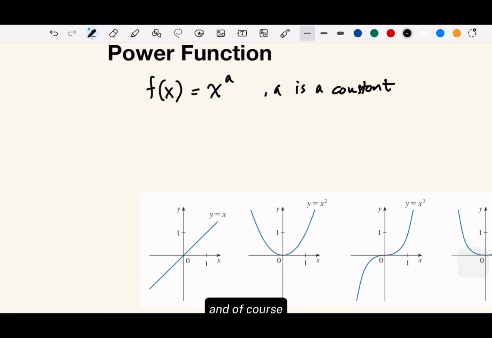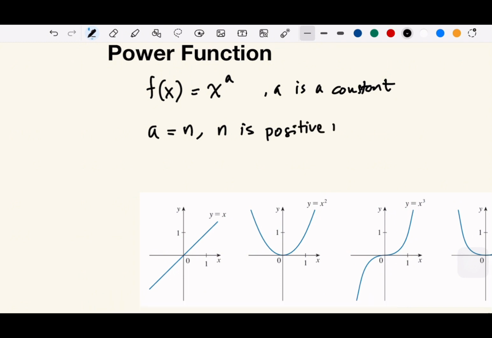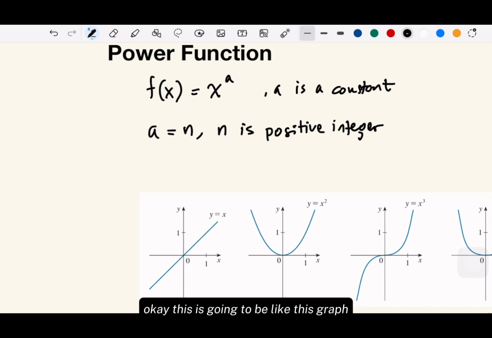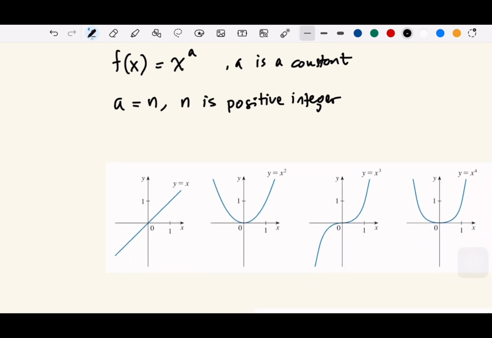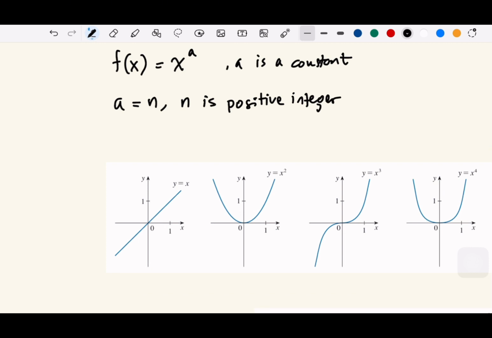And of course, we could make a equal n, where n is a positive integer. Okay, this is going to be like this graph: x, x squared, x cubed, and so on. If you have the negative, then it will be different, right? It will be 1 over x squared, 1 over x cubed, if it is a negative integer.